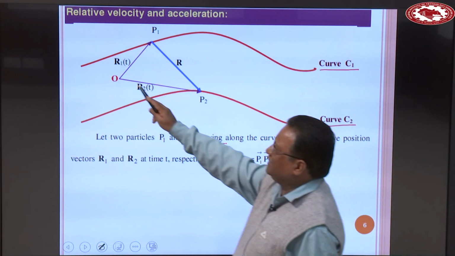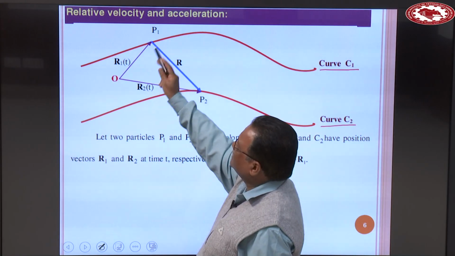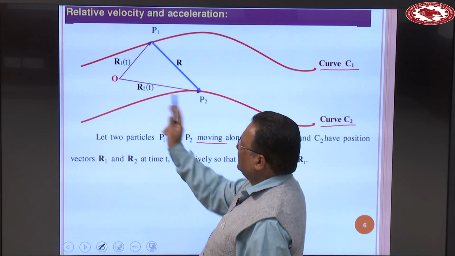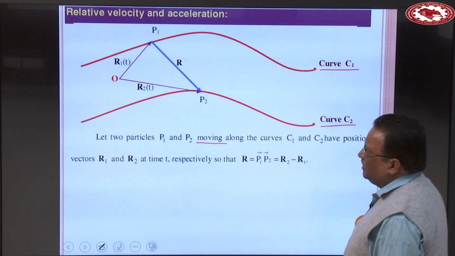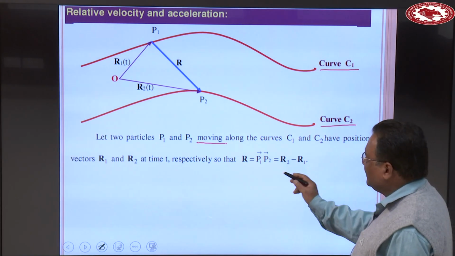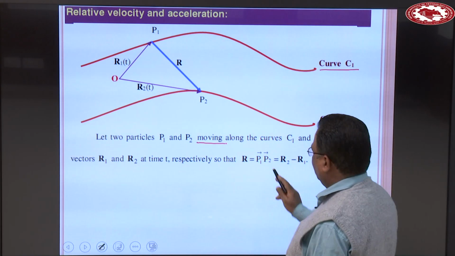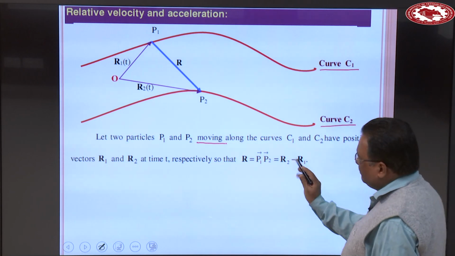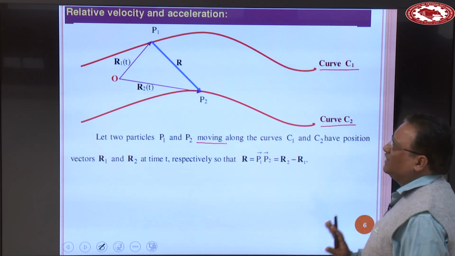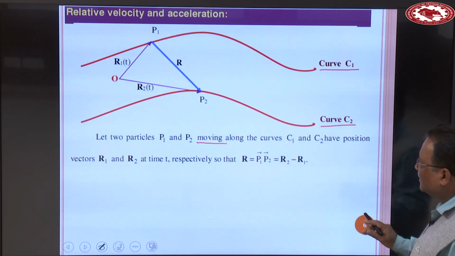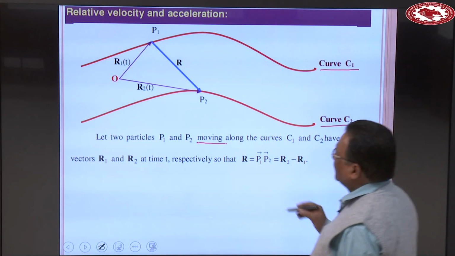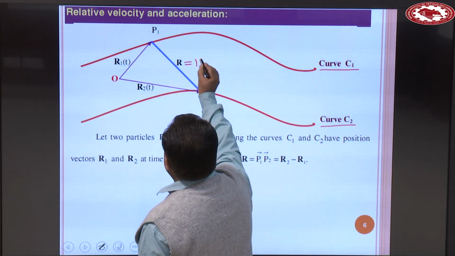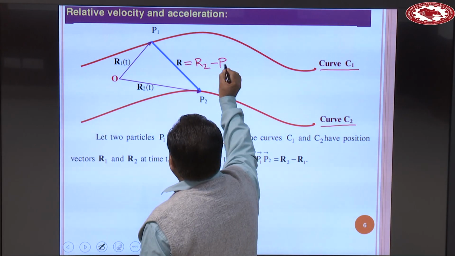So this one is the origin, this position is R1, and that one is R2. And then what is the value of R? R is P1P2, which means R2 minus R1. Clear? So this R is nothing but R2 minus R1.